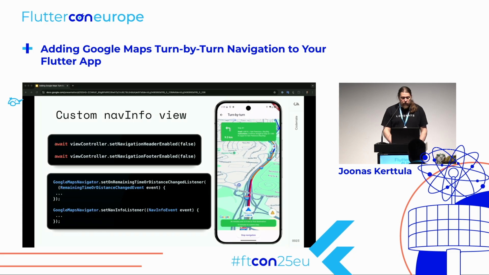In this example, I have listened to the nav info events, and you can use that to render that header. It gives you a lot of information about the next target. It gives you the maneuvers you have to do next. It gives you the distance to the next intersection, and a lot of data about the road you are driving and so on.